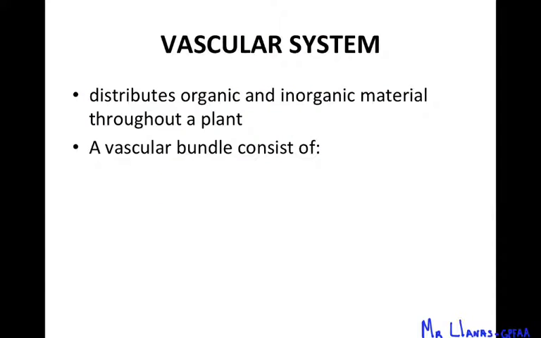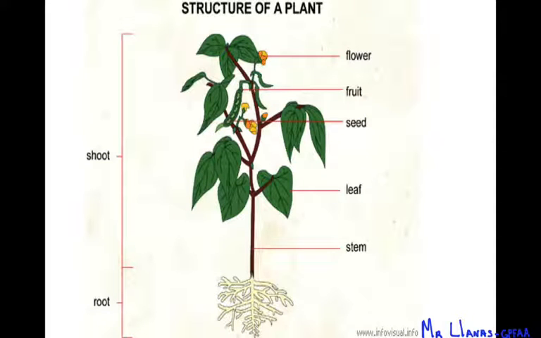Okay. Now, just to review, we talked about the root system, and we said that was to absorb nutrients and to anchor the plant in place, right? We also talked about the apical meristem, which is where the growth happens in the roots and the stems as well, right? We talked about the shoot system, which includes the stem, the leaves, and the flowers.